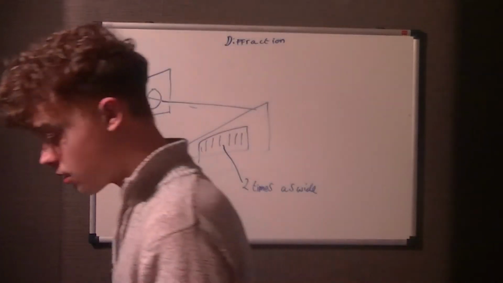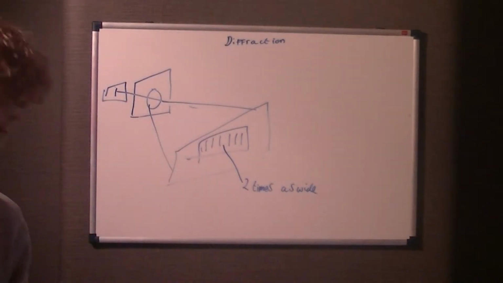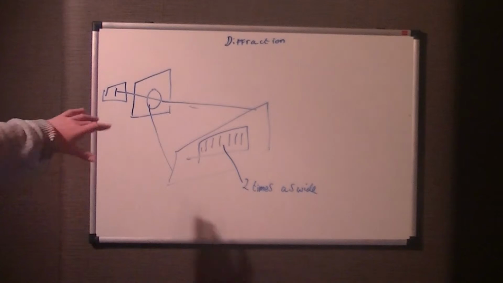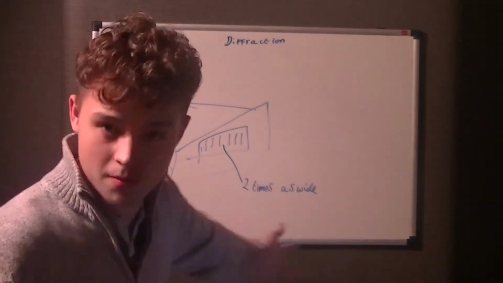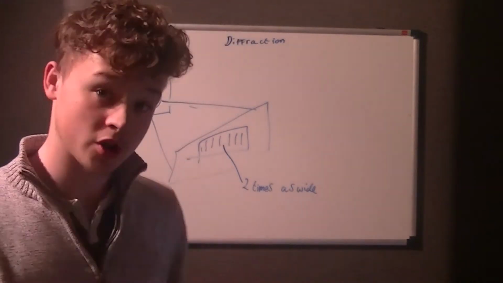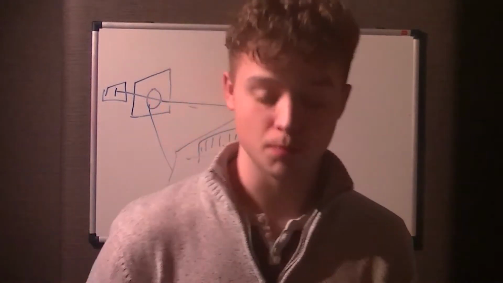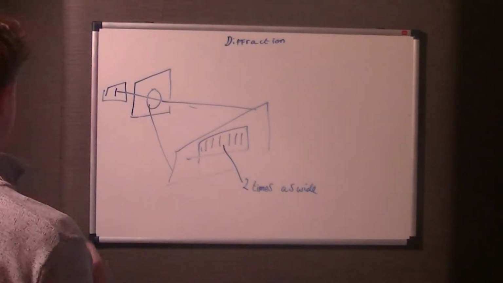This is quite an important thing you need to know, and then as it gets further out the fringes become dimmer because it's not a diffraction grating as we specified in the other video, and the intensity does go down.